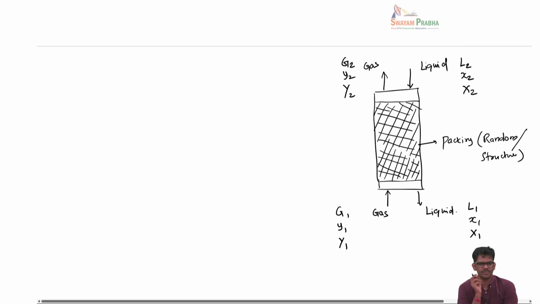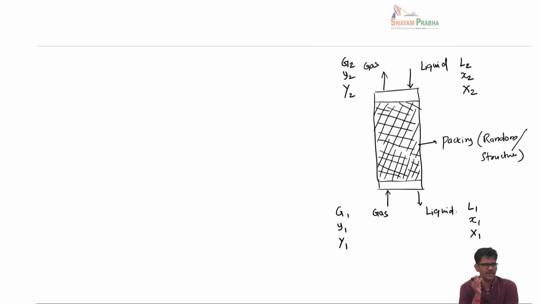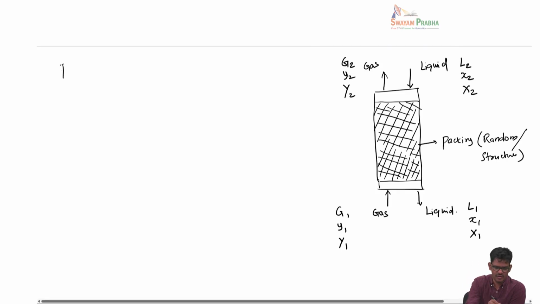And another thing you have to remember is that in this kind of a packed column, the contact between the liquid and gas is continuous. Okay, all along this column height, the liquid and gases are constantly in contact with each other. Okay, so we have to deal with this as a continuous contact equipment. So a packed column is a continuous contact equipment.